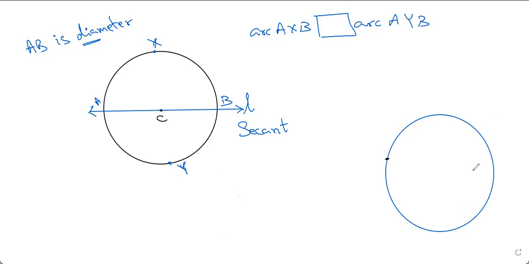And we have 2 points on the circle, A, B. Okay. If I tell you arc AB, which arc is it? Is it the above arc or is it the below arc?